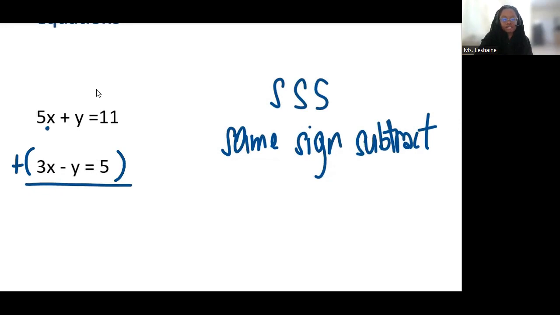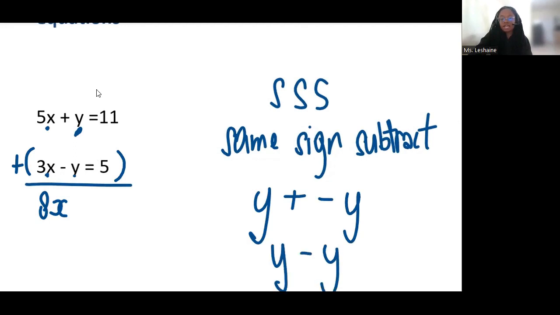So 5x plus 3x gives me 8x. A positive y plus a negative y, and I'm actually going to write it over here for clarity, we know that this is just y minus y. This term zeroes out. So I'm just going to ignore this portion right here. Nothing will come here because that would have been 0.